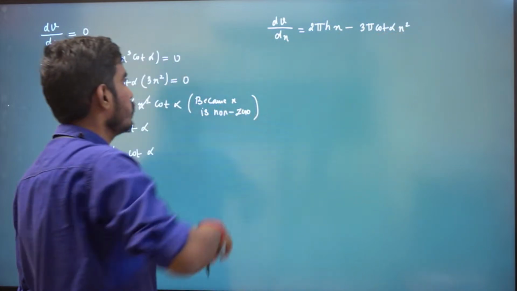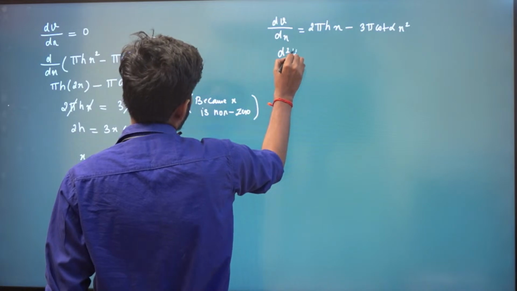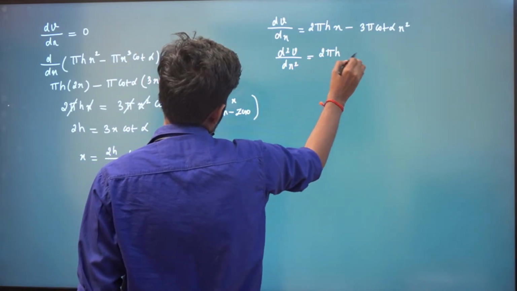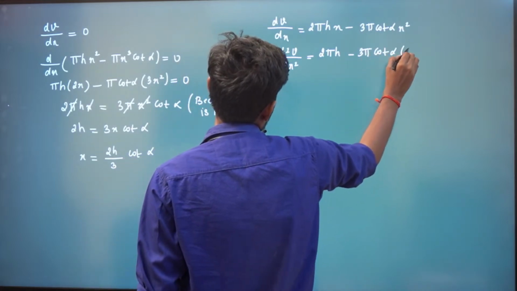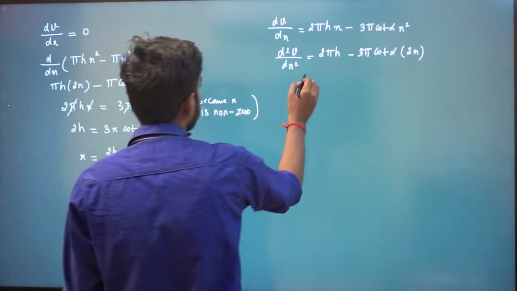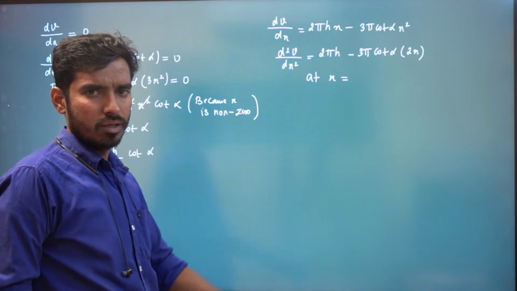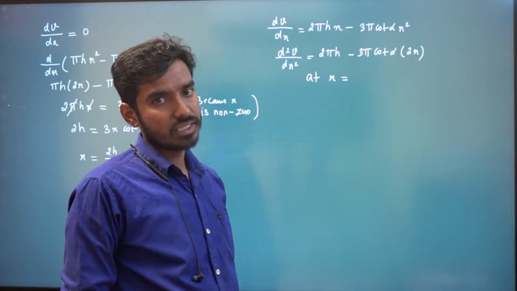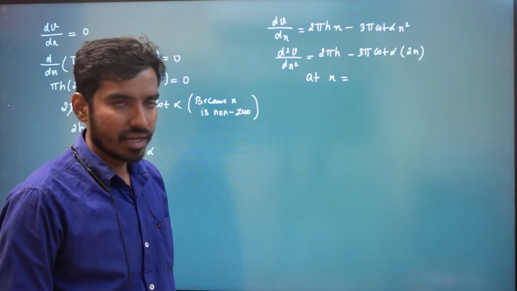Now you differentiate once again: d square V by dx square will be 2 pi h minus 3 pi cot alpha into 2x. Now we substitute the critical point in the second derivative. If that is less than 0, it is maxima. Greater than 0, it is minima. I'm assuming everyone knows the basic idea of maxima and minima.